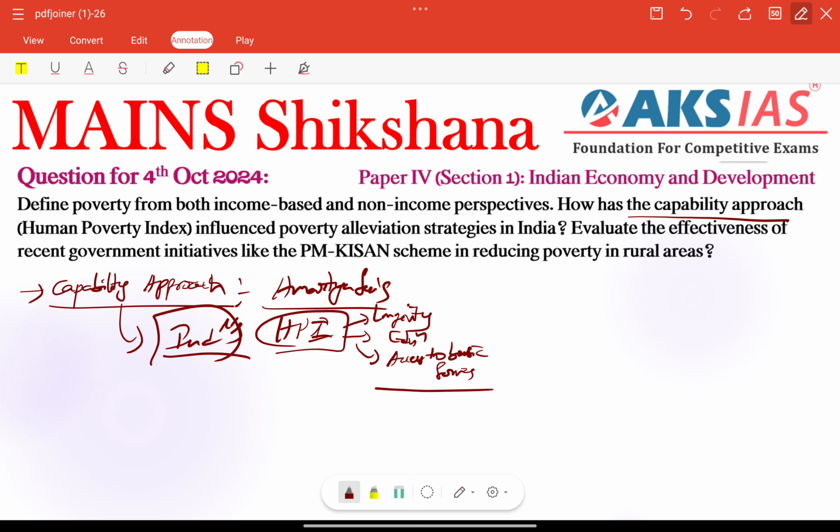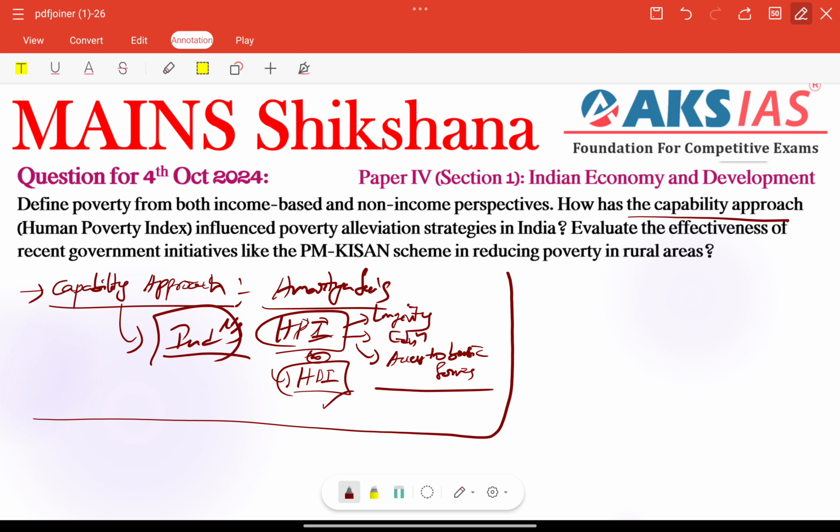For example, we can connect here, like HPI, India's HDI, Human Development Index ranking has improved recently. We need to connect these types of sentences. Simply we can talk about the capability approach including HPI and HDI especially. Here we need to focus on one important issue: HPI, the human poverty index, was later replaced by our MPI in 2010.